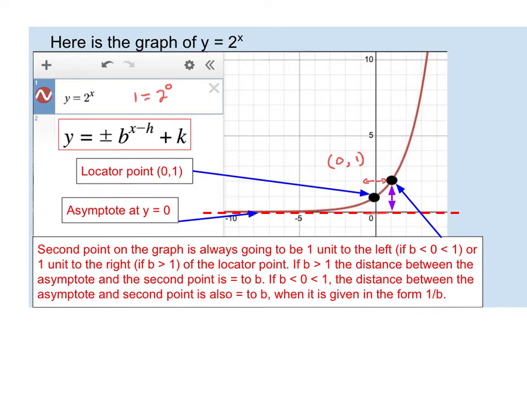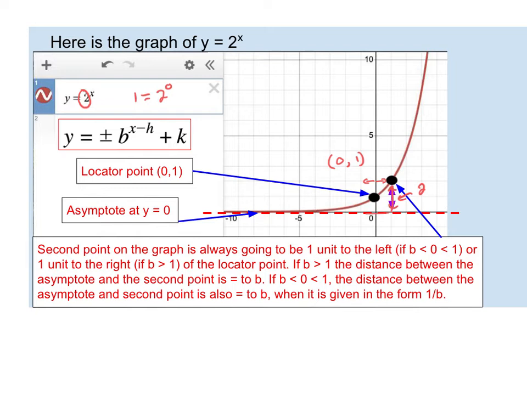If it's a fraction like 1/2, 1/3, 1/4, you would go to the left. Then the distance between the asymptote and the next point you're going to put is whatever the b value is. So in this case, b was 2, so that means I would go up 2 units from the asymptote to get to that second point.